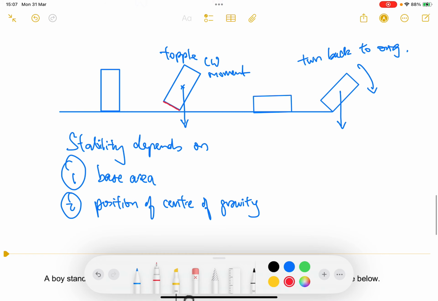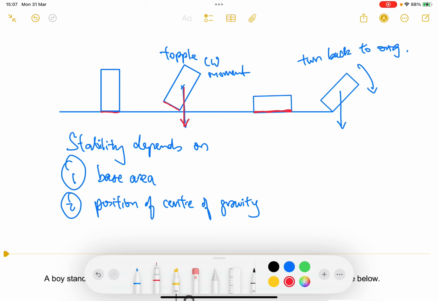So the position of the cuboid does matter, because if you place it on its side with the smaller area, it's actually less stable than if you were to place it on the side with the larger area. That is because when we tilt this cuboid slightly, the vertical line through the center of gravity will be outside of the base more easily than if it were placed with the larger area on the floor.